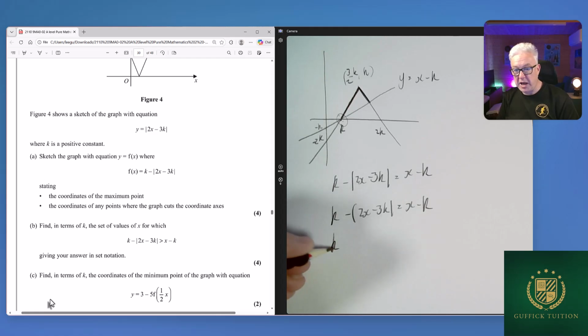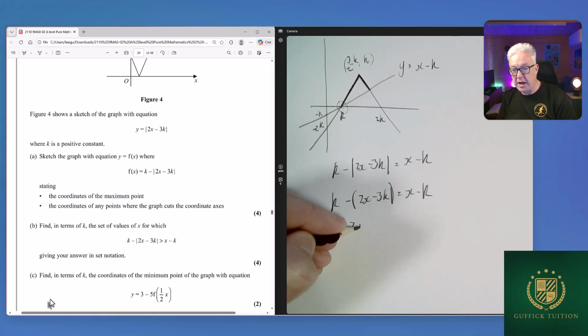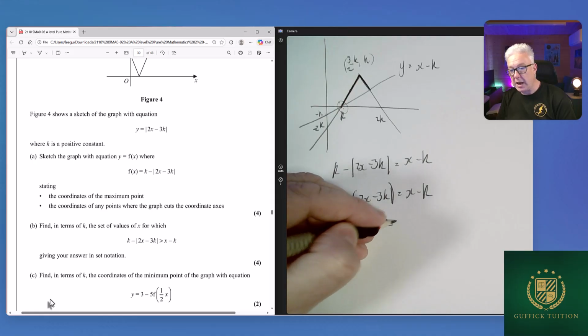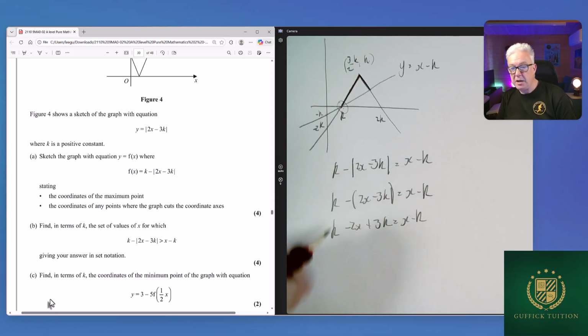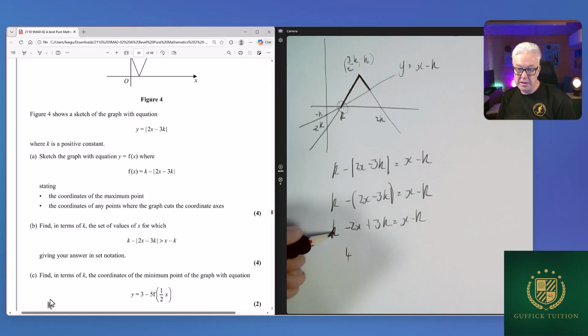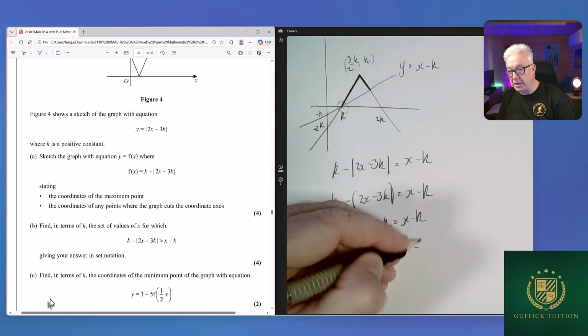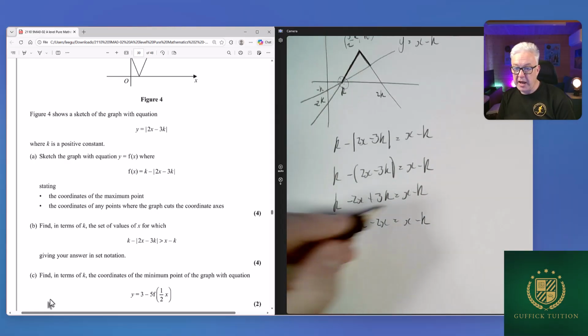So we're going to have k minus 2x plus 3k equals x minus k. Notice the minus and the minus have made that go to a plus. So that is 4k there. 4k minus 2x equals x minus k. So bring the k over to the other side.